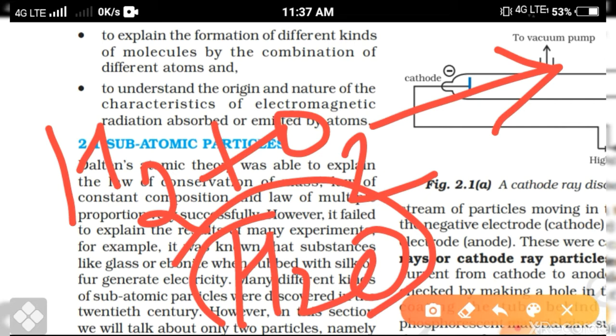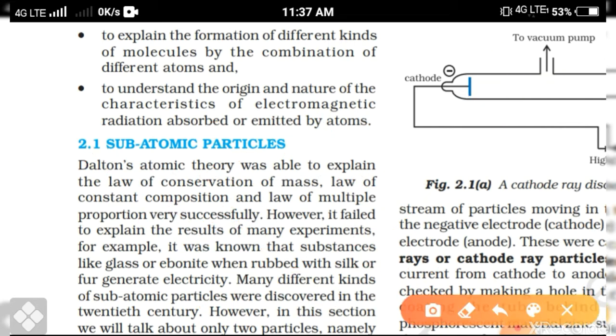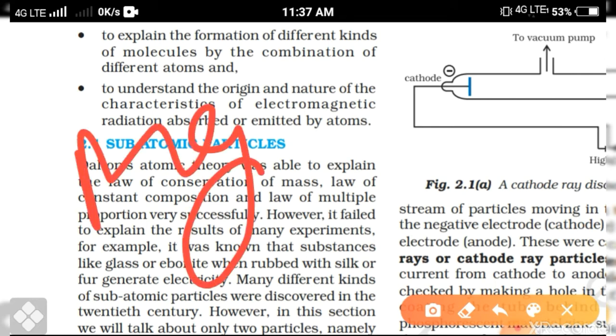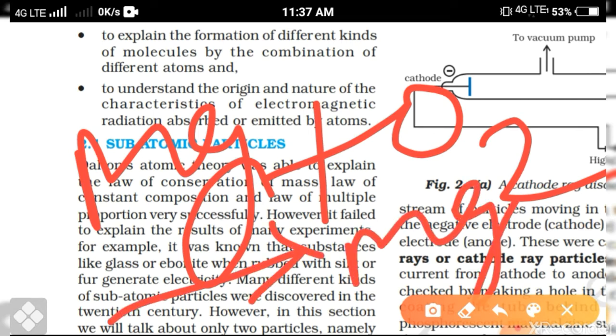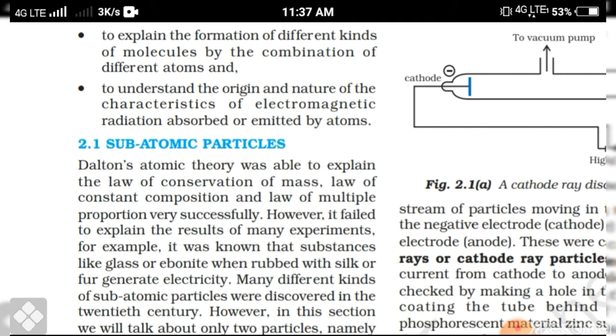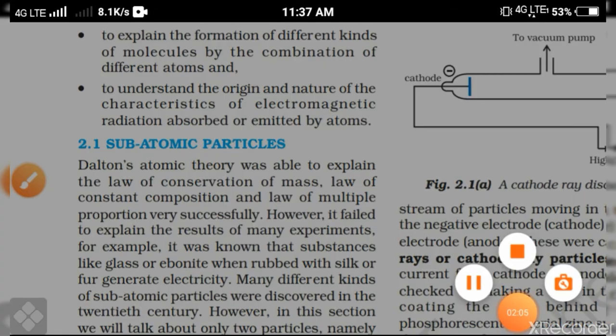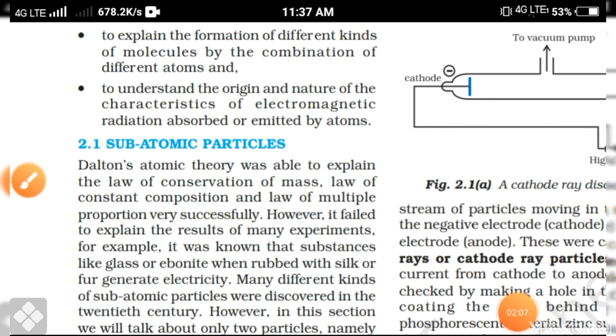This is also a molecule, formed from different kinds of atoms. Another example: magnesium combined with oxygen, different kinds of atoms, forms magnesium oxide, MgO. This is the formation of molecules.